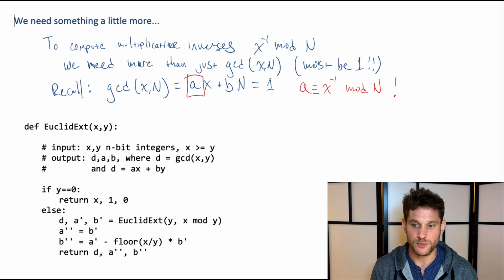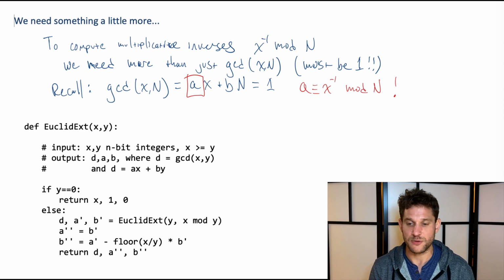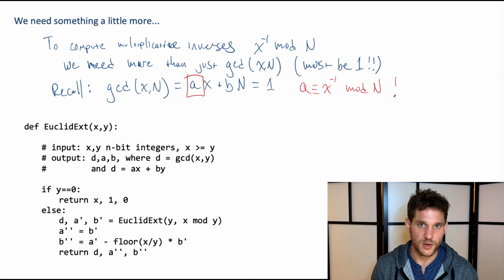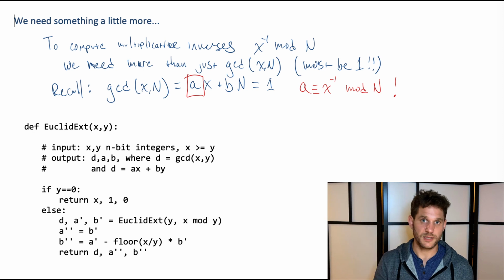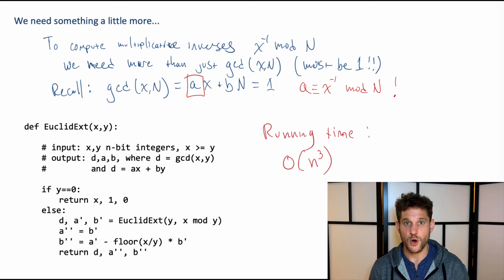You have to manipulate those appropriately and output modified versions of those to get the correct a and b, the integer multiples of x and y that give you the GCD. So you have to use an inductive proof to show that this works. I'll let you do that on your own time, but it's a worthwhile induction to try, and it's not that tricky. Let's just finish up with Euclid ext by noting that the running time is O of n cubed.